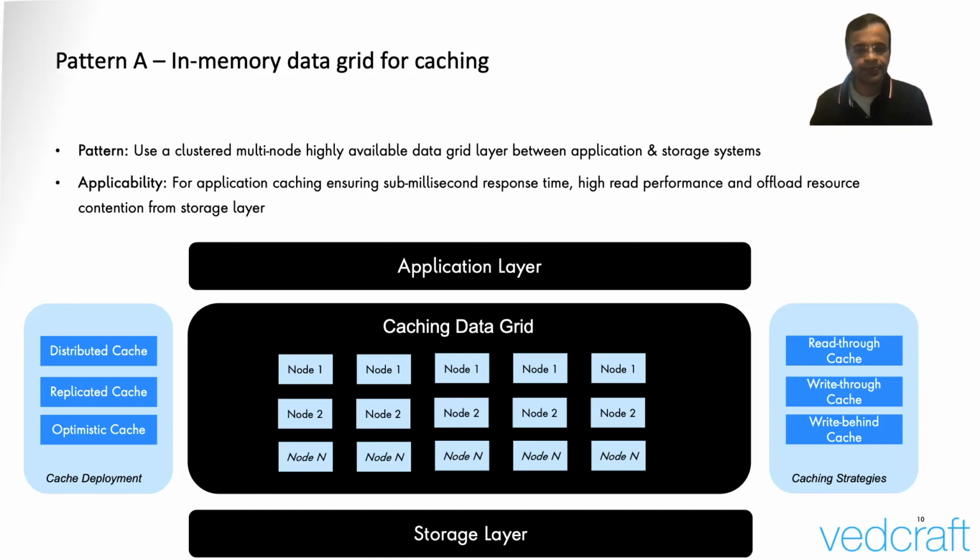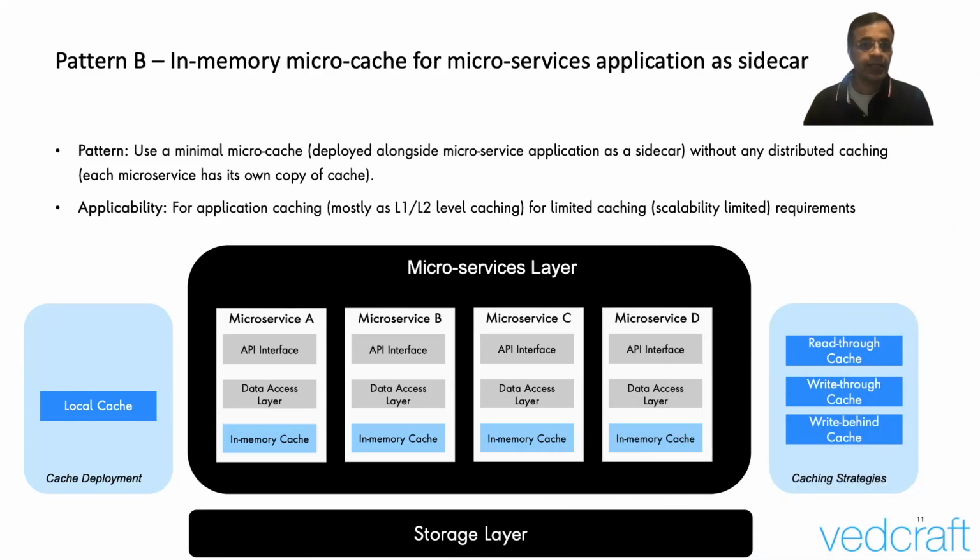database layer. The second pattern is where you don't want more of a grid or a cluster, but you want to use micro caching to improve the performance of your microservices.